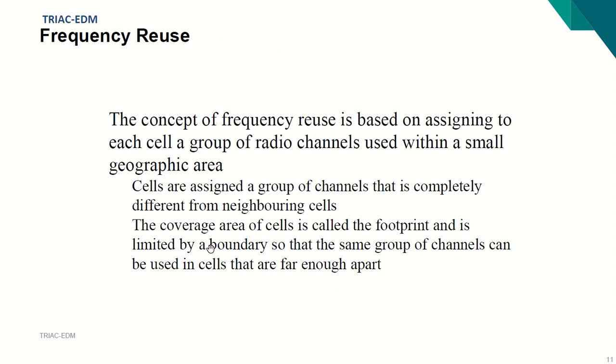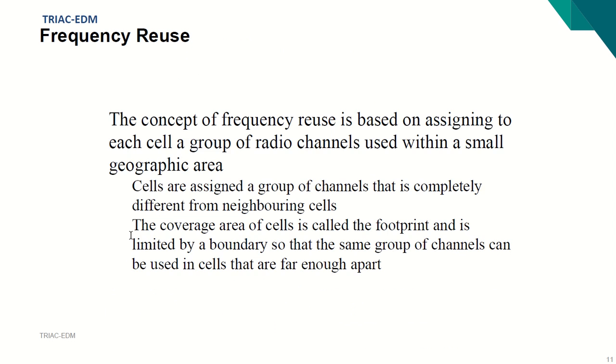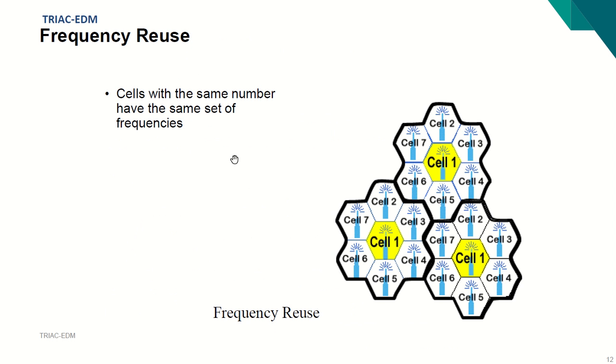So the concept of the boundary is that, ideally, we put it into a hexagon, but in reality it could be a very strange area. Cells with the same number have the same set of frequencies. This is the concept of frequency reuse.